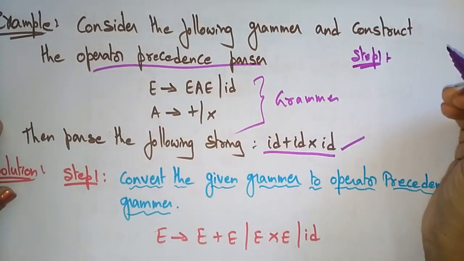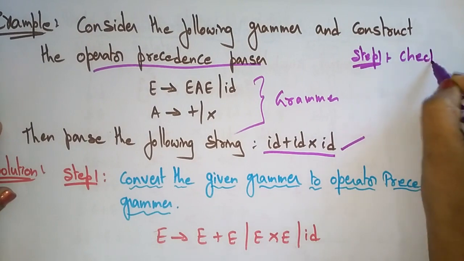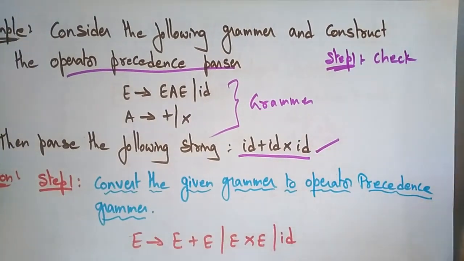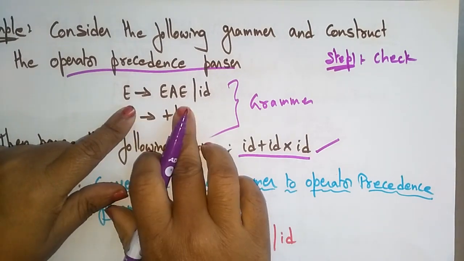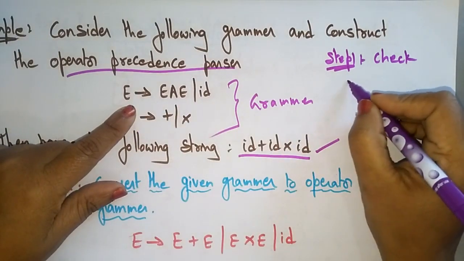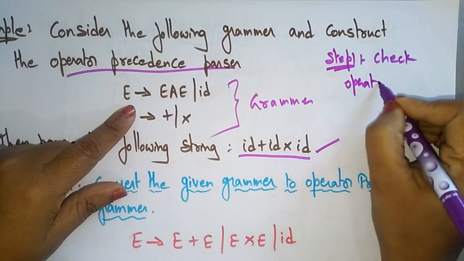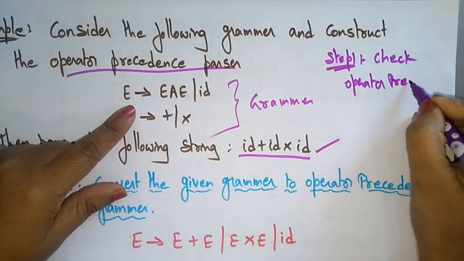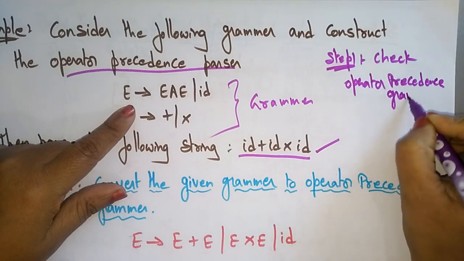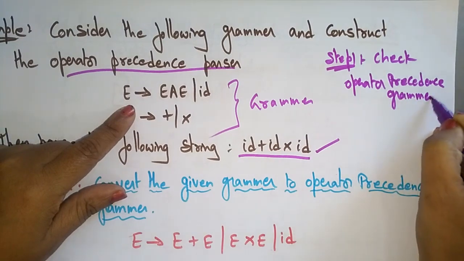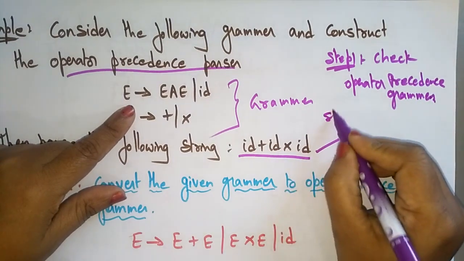Step 1 is to check whether the given grammar is an operator precedence grammar or not.